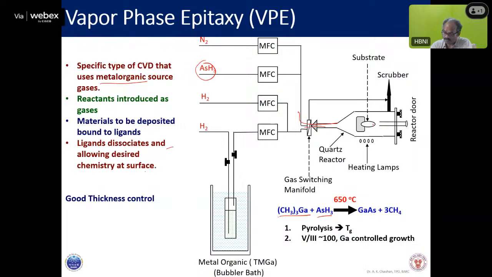This gas is transported here, and if we keep this reactor at high temperature, in that case at the substrate, suppose the substrate is near to this temperature, then a reaction takes place and gallium arsenide is formed on the substrate, and this also forms methane, which can be swept away by a different gas.